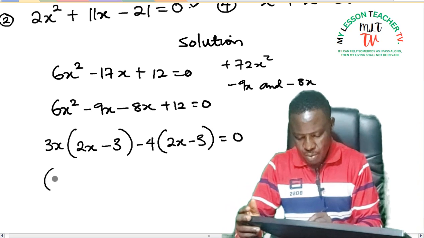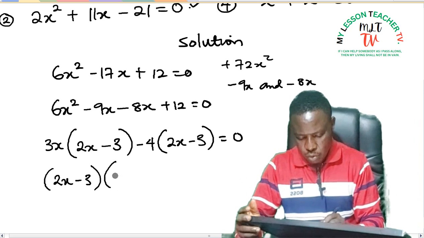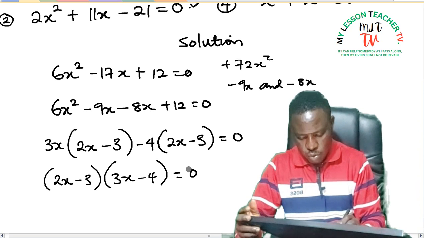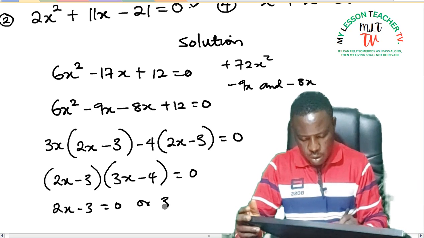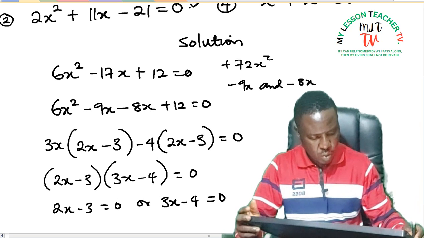So factorizing what we have in a bracket, again, you have 2x minus 3 being common into bracket 3x minus 4 is equal to 0. It therefore means that 2x minus 3 is equal to 0, or 3x minus 4 is equal to 0.